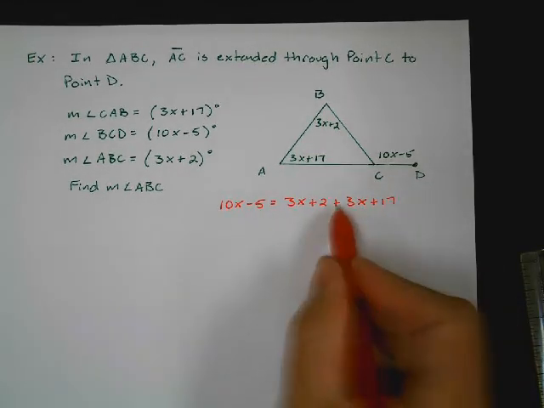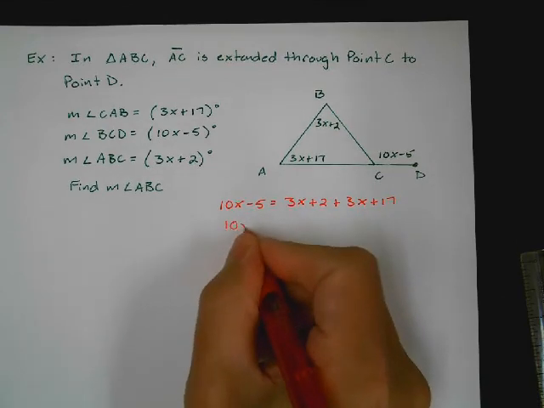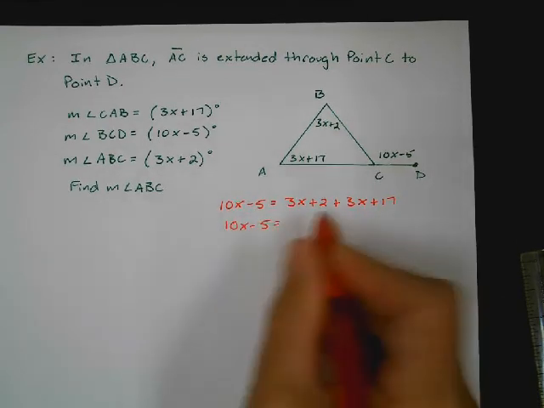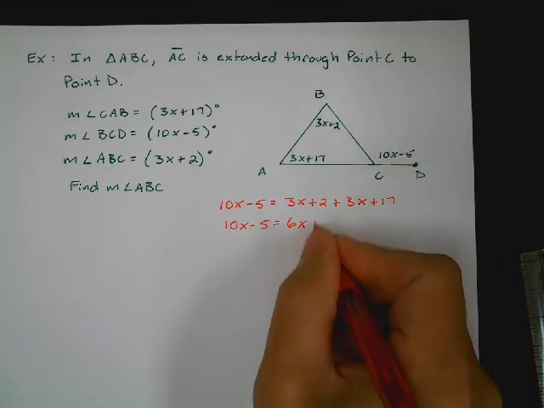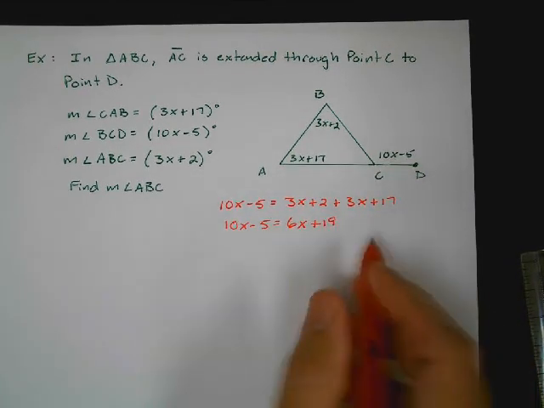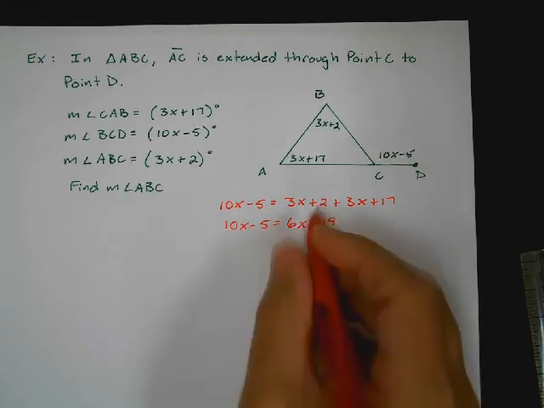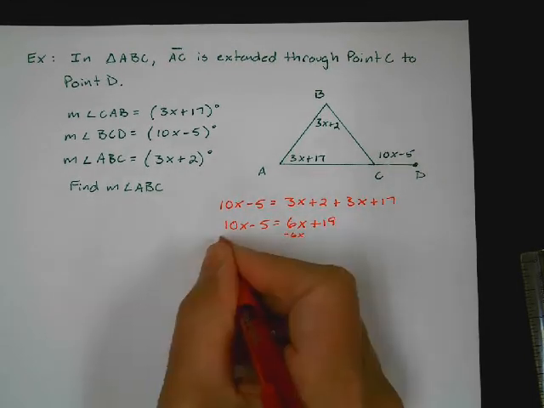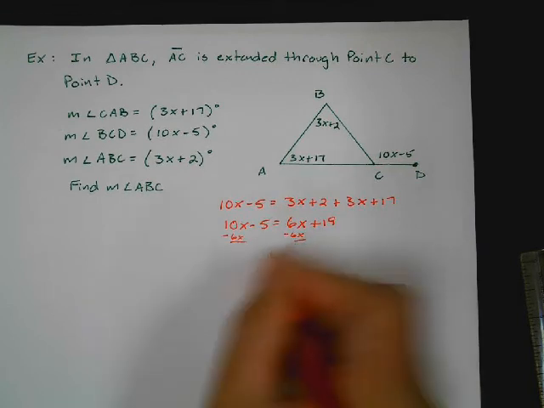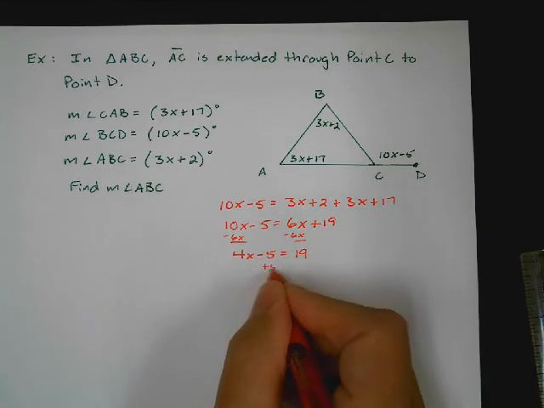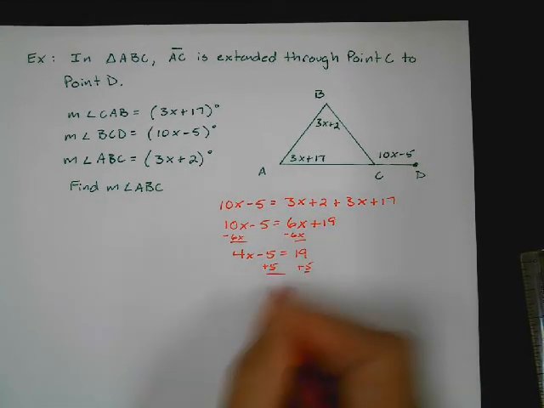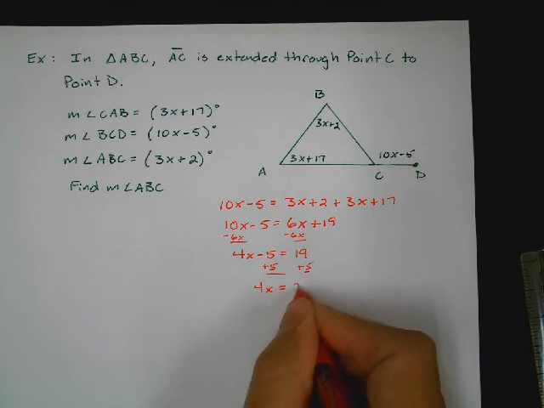Okay, I'm going to combine my like terms over here. So 10x minus 5 doesn't change. 3x plus 3x is 6x. 2 plus 17 is 19. All right, now let's see. I'm going to subtract 6x from both sides. And I get 4x minus 5 equals 19. I'm going to add 5 to both sides. I get 4x is equal to 24.